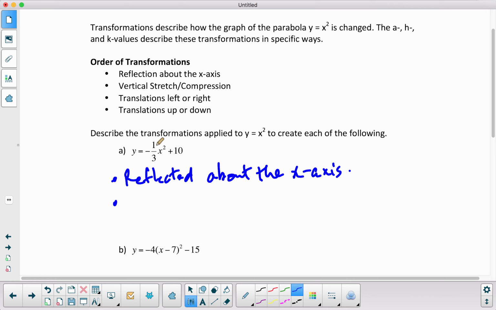The a value is between 0 and 1, and anytime the a value is between 0 and 1, that means the parabola is increasing or decreasing slower, which makes it look wider. So it's as if we grab the top and bottom of the y-axis and compress them together so the parabola will open wider.